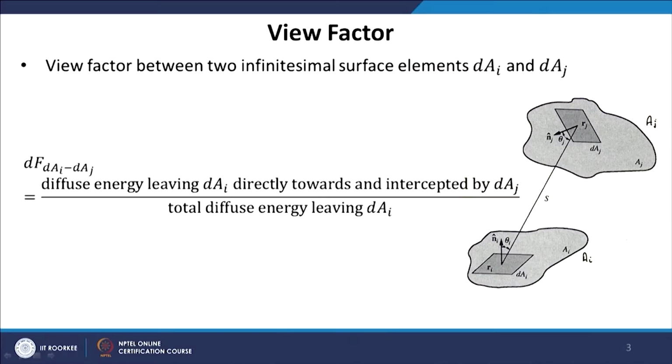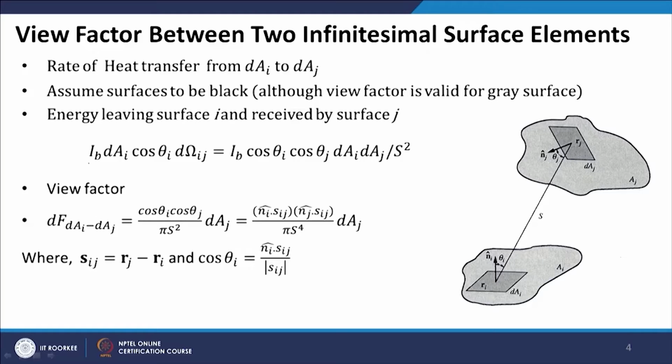So total energy will be leaving surface dAi in the entire 2 pi solid angle, but only a fraction of this energy will actually reach surface dAj, and this is governed by the orientation, the solid angles and relative areas of the two surfaces.